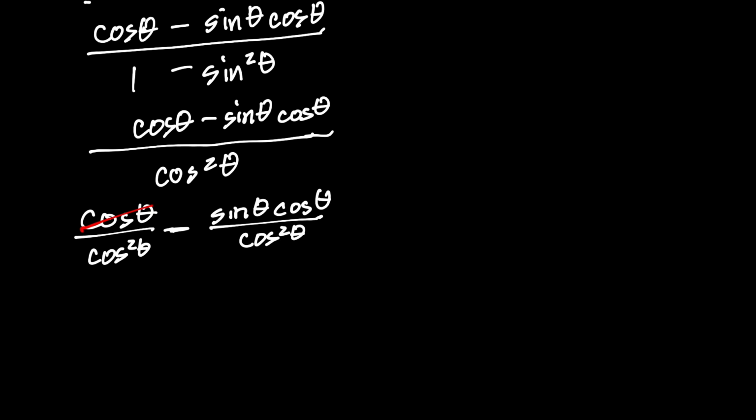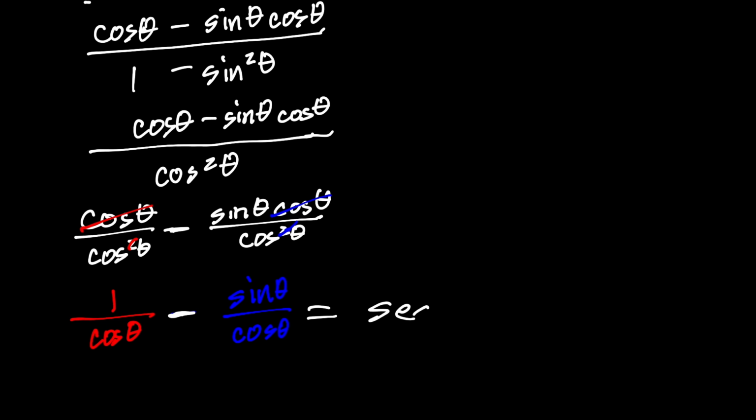So cosine theta cancels with one of these, so that just becomes 1 over cosine theta. And this cosine cancels with one of these, so that becomes minus sine theta over cosine theta. So this is secant theta.